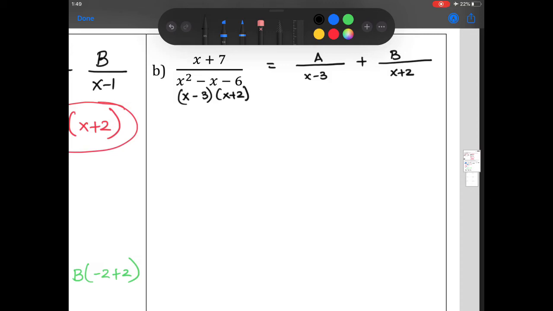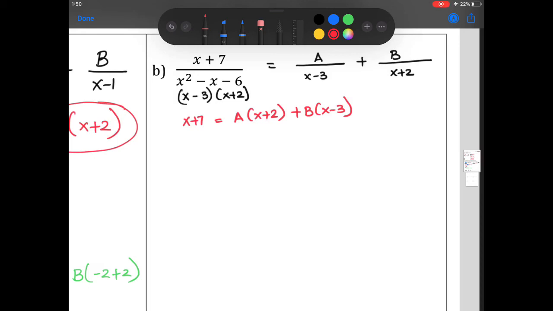That's my first step. The second step is get rid of all your denominators. So I'm going to multiply across by x minus 3 and x plus 2, and I'm left with x plus 7 equals a times x plus 2 plus b times x minus 3.